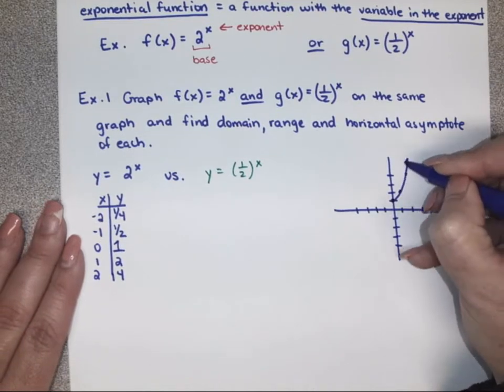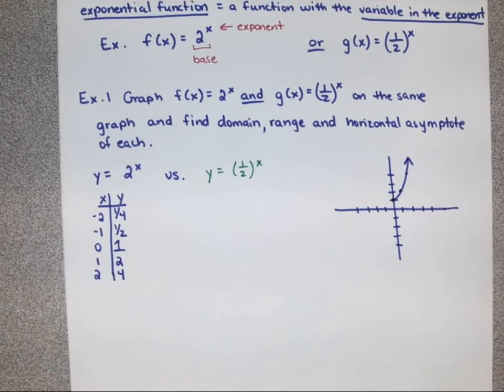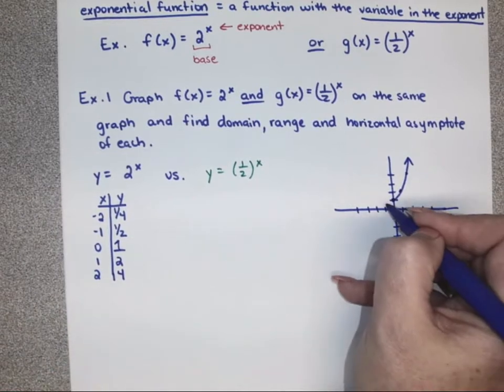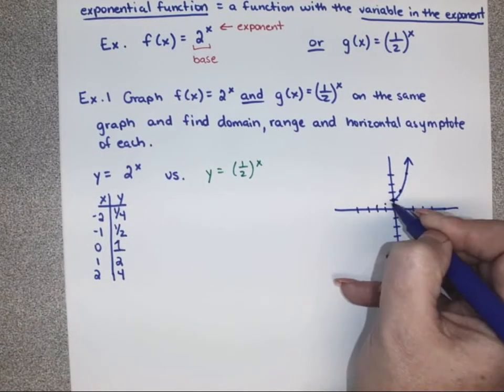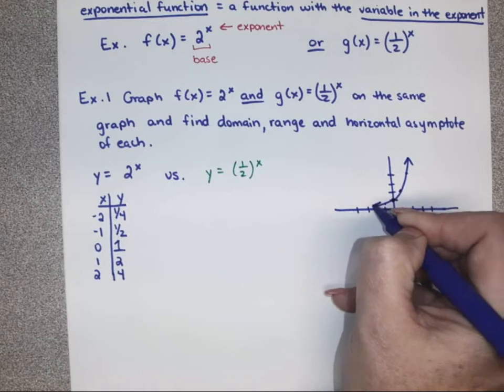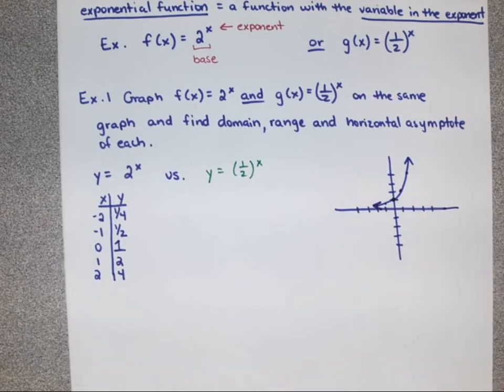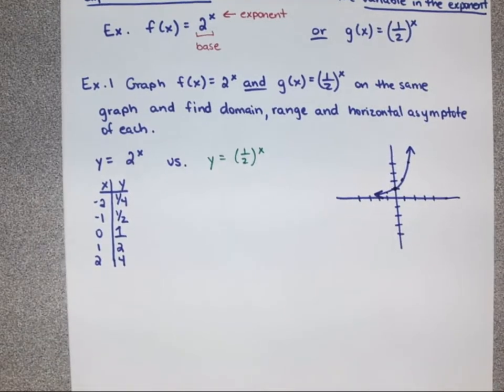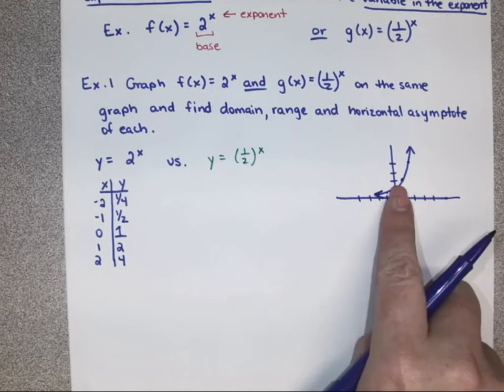Notice the graph goes up sharply this way. And then this way, it's just slowly getting close to the x-axis. So exponential graphs tend to look like this. Exponential growth is rapid, so it's going up very, very quickly.